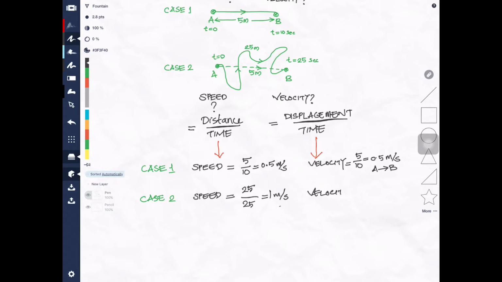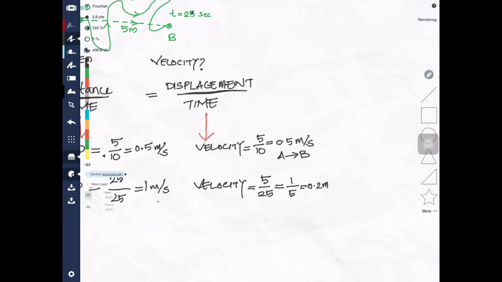Now when it comes to velocity, it is the displacement divided by the time taken for the displacement. So it is 5 meters, the straight shortest distance, which is called displacement, divided by 25 seconds. That gives 0.2 meters per second, and the direction will be from A to B.